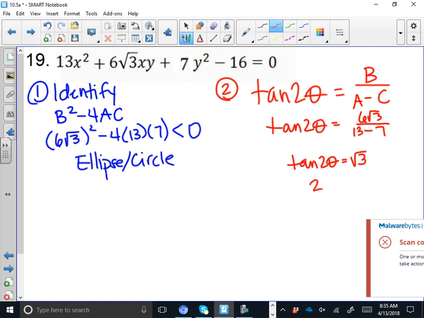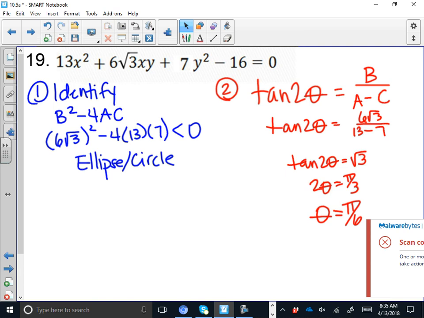Pi over 3, some of us, it took us a little bit to recall that. Okay, I realize that we're going to be a little rusty right now, but know that by test time, Thursday, Friday, we need to be on point with our unit circle, okay? So theta would be pi over 6. All right.